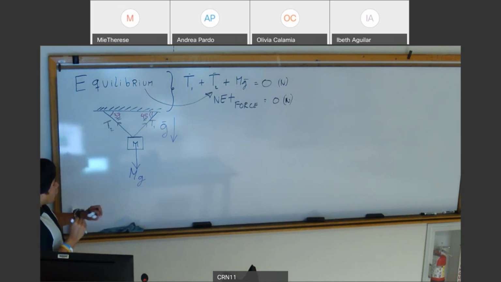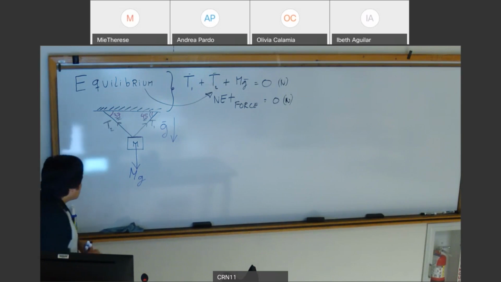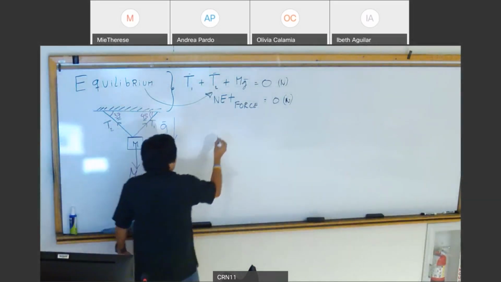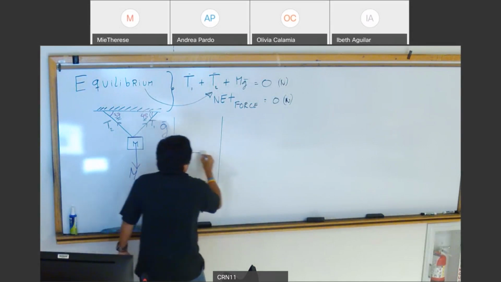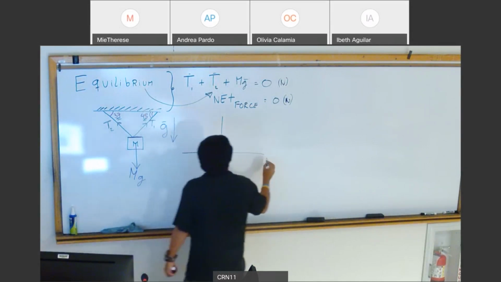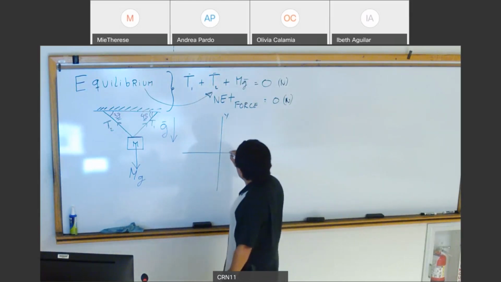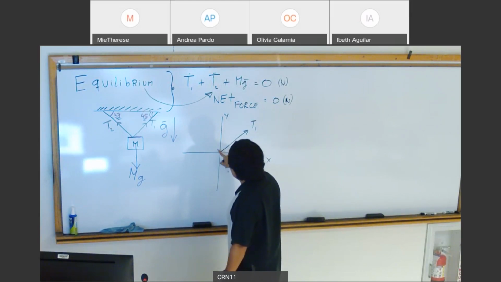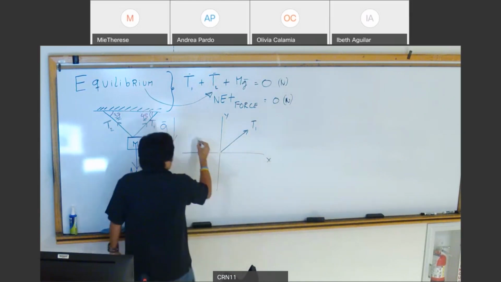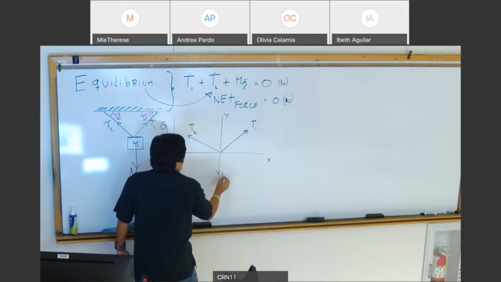All right? Now, of course, when we did vectors, I did show you how you could solve a problem like that if you were given the value of the mass, right? So just very quickly here, what I mean by that is you will bring this body here on the x and y coordinates, and then you will put tension 1, tension 2, and mass times gravity there.